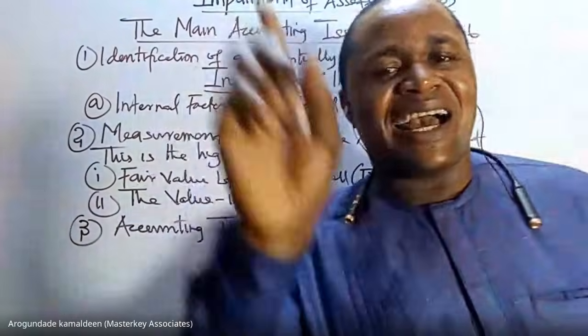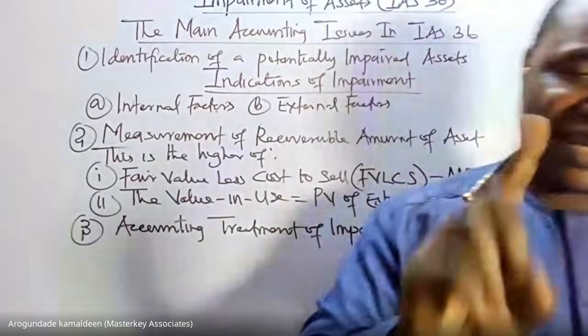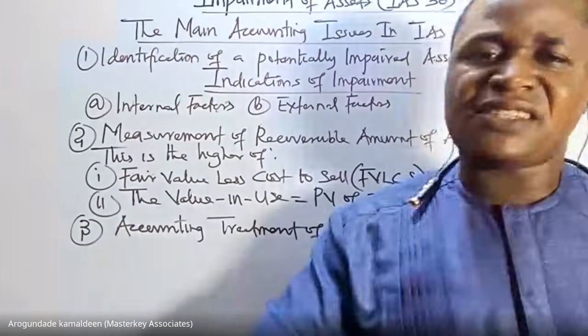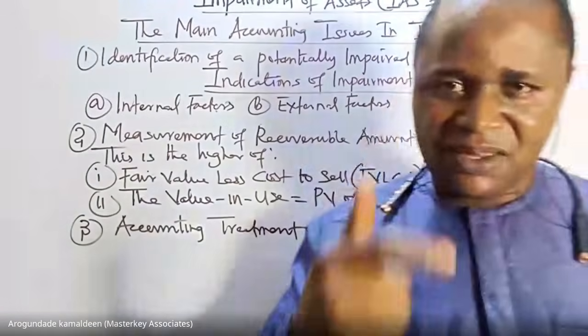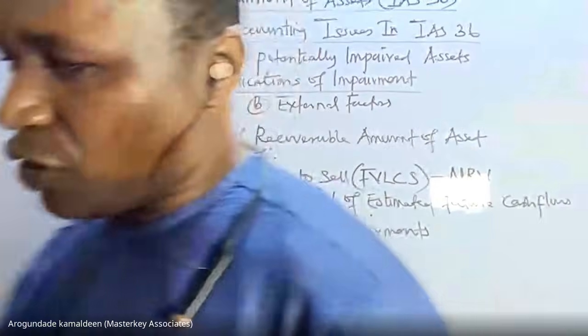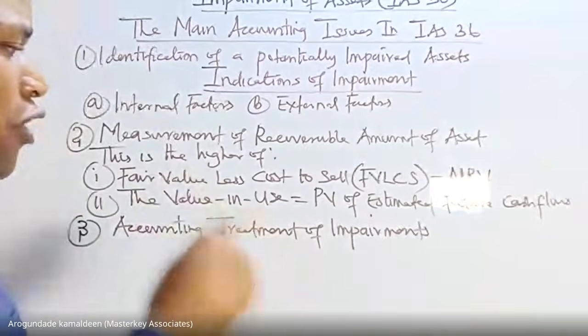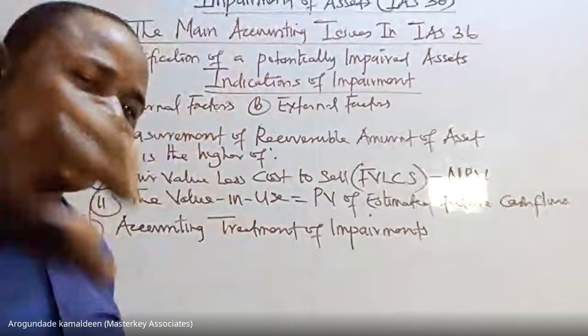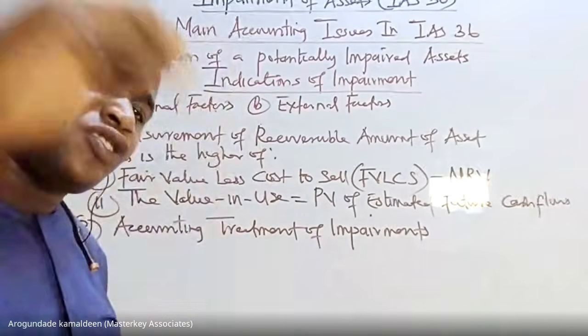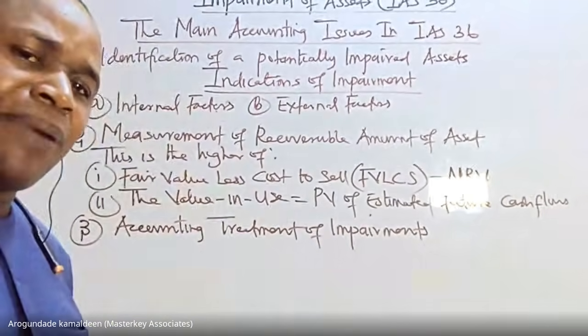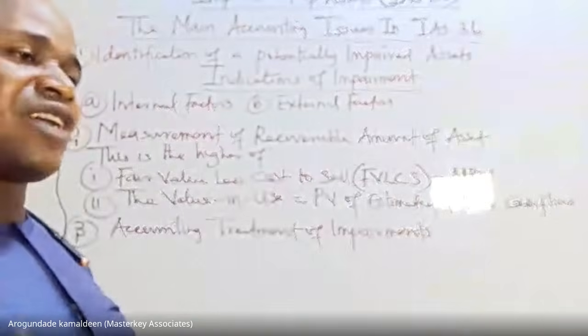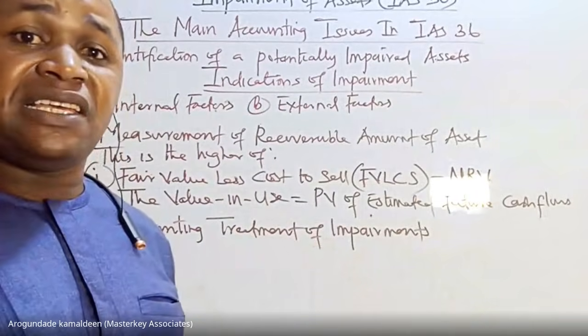The accounting for impairment, class, depends. Please give me rapt attention. It depends on the method adopted by the entity to recognize its PPE.